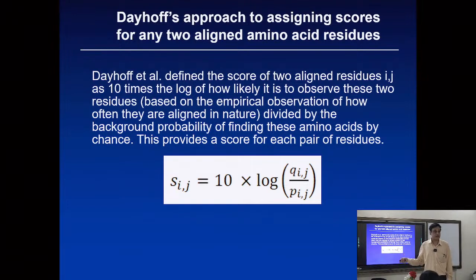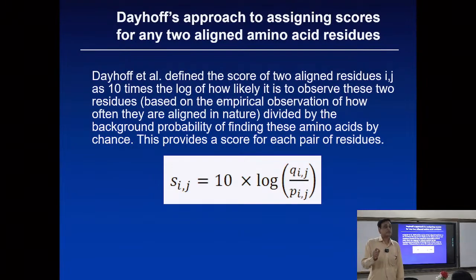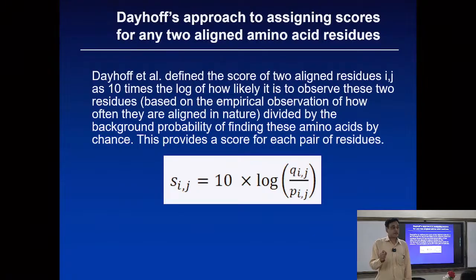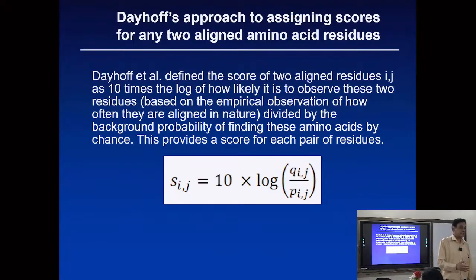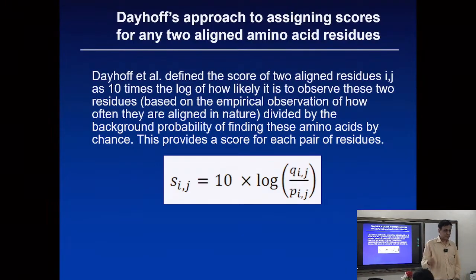Because the numerator would be much higher than the denominator, which means that the likelihood that residue I in sequence A is aligned to residue I in sequence B due to relatedness is much higher than observing them aligned in random sequences, and that is going to help you infer that these two residues or sequences are related by ancestry, right? Clear?